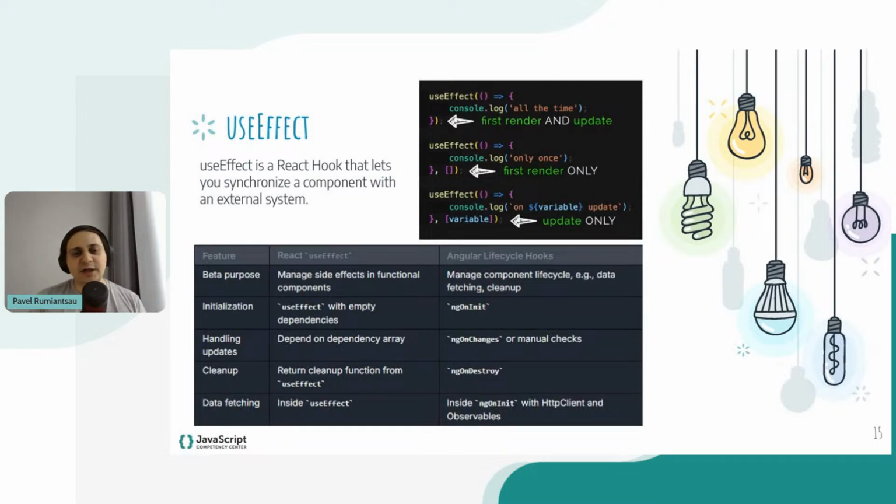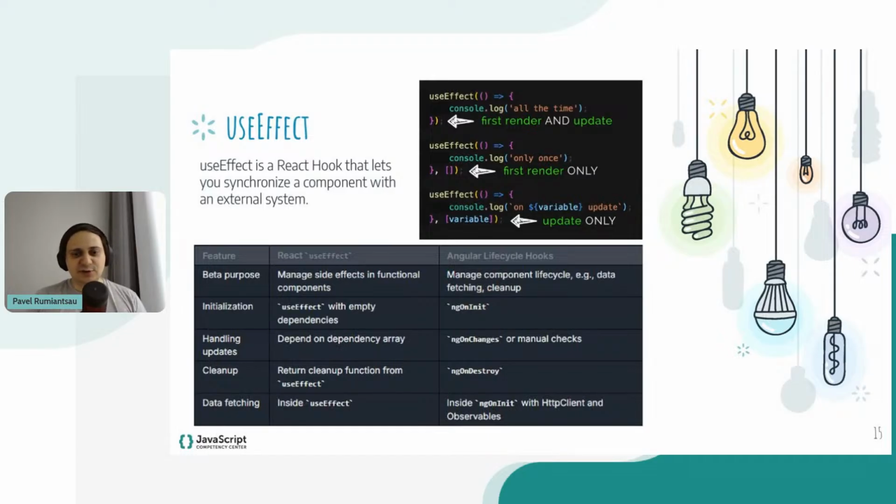The second one also takes an additional parameter that will check the state of this variable. Since it's an empty array, it will never change, which means that it will be called only once. And the last one actually receives a variable state that can be updated, which means that every change of this variable will trigger this update.